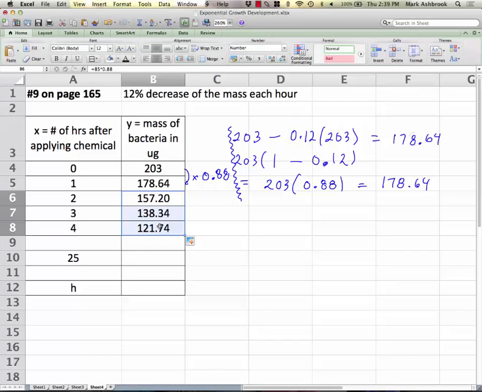And we know what kind of growth that is? Exponential. But now this is not growth. Decay. Exponential decay, because it's a decreasing quantity. But it's still exponential, which means we multiply by, now it's a decay factor, times 0.88 every time.